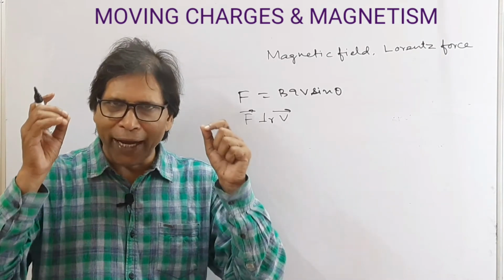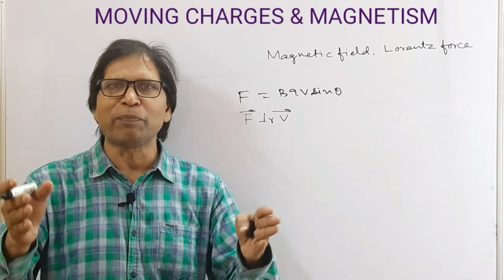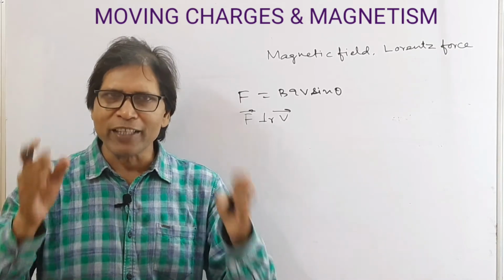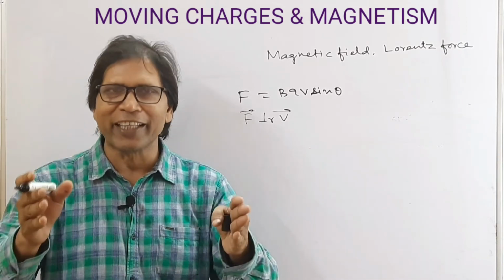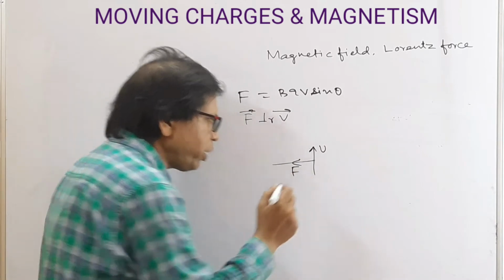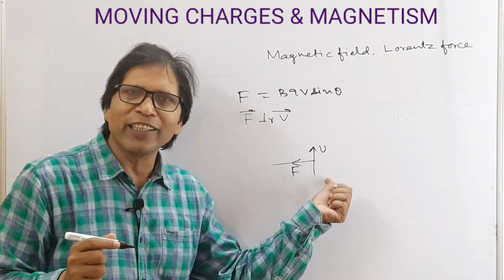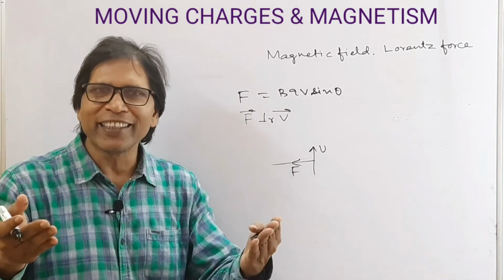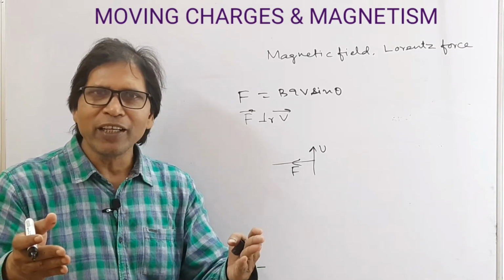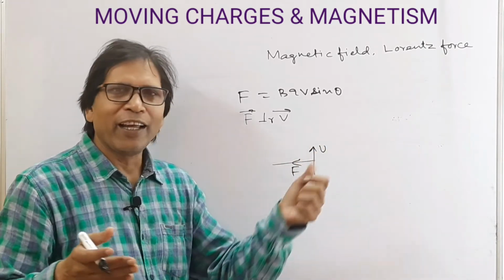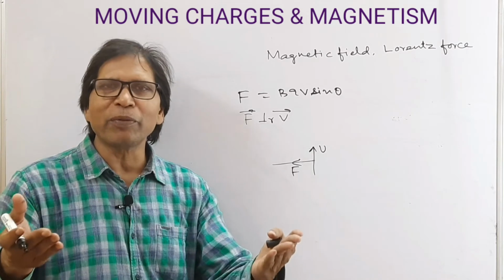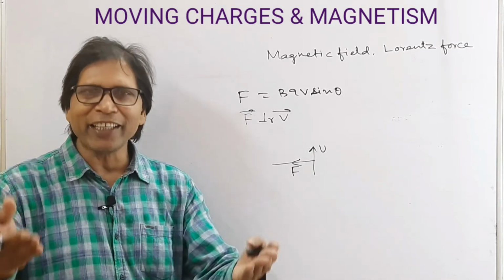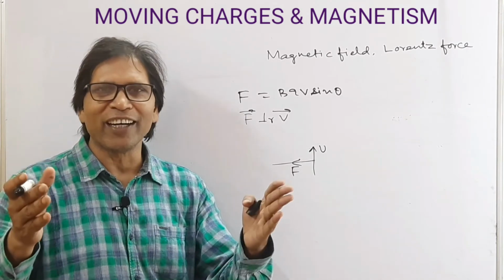Therefore, the magnitude of velocity of charged particle remains constant in magnetic field. As force is perpendicular to velocity, so it provides centripetal force for the charged particle. Therefore, trajectory of the charged particle in a magnetic field is circular.